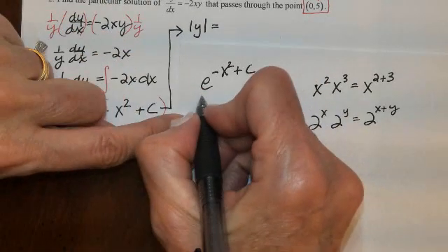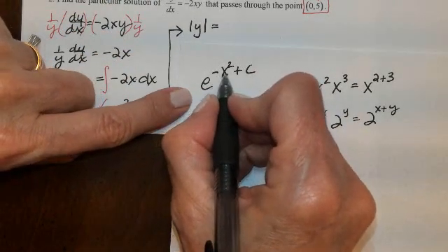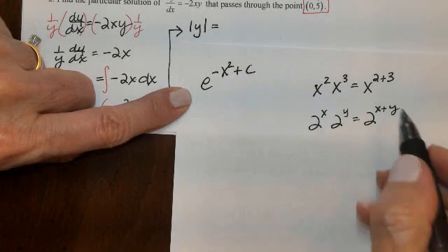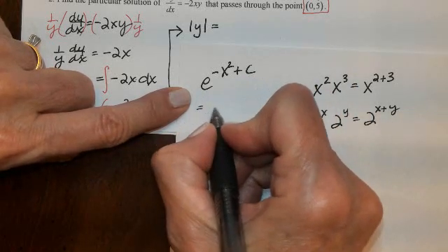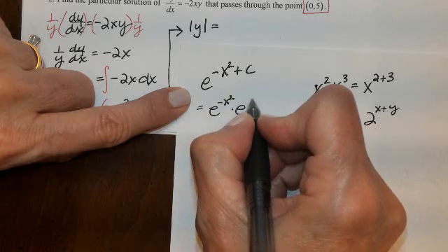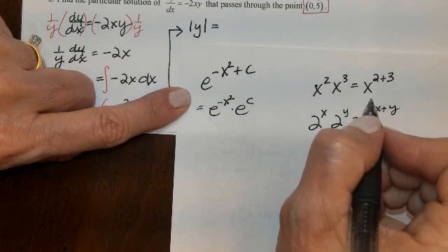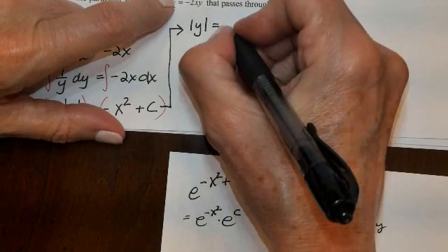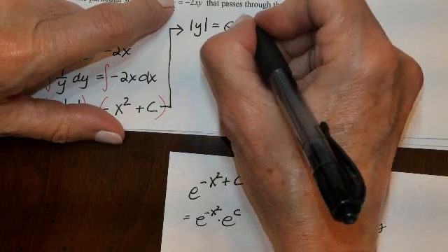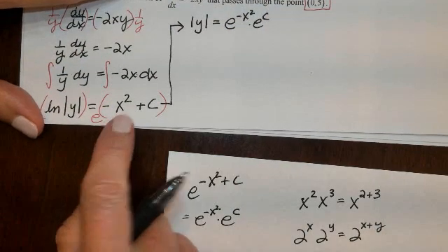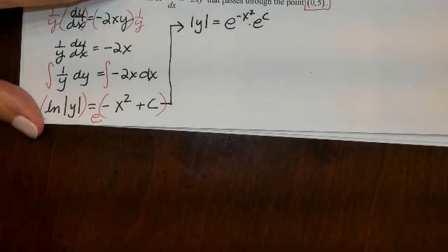So what do we have? We have e to the negative x squared plus c. If I go backwards, that is equal to e to the negative x squared times e to the c, correct? So I'm going to write that here. You'll see why in just a second.